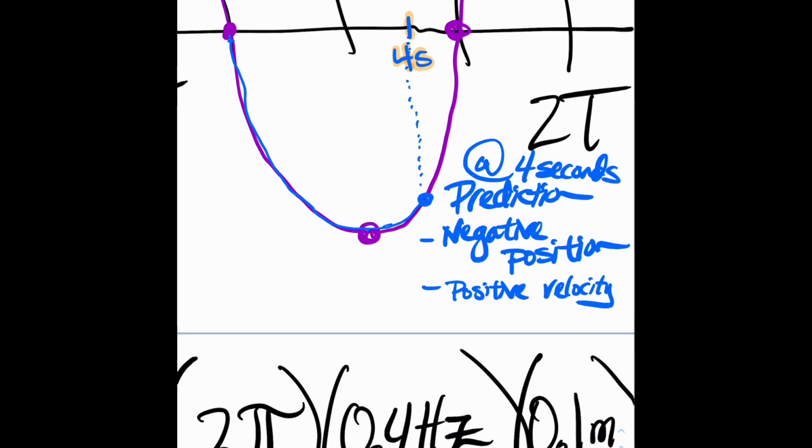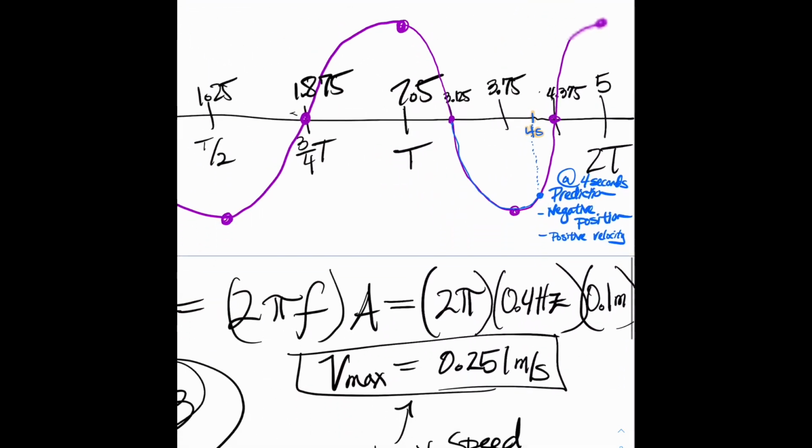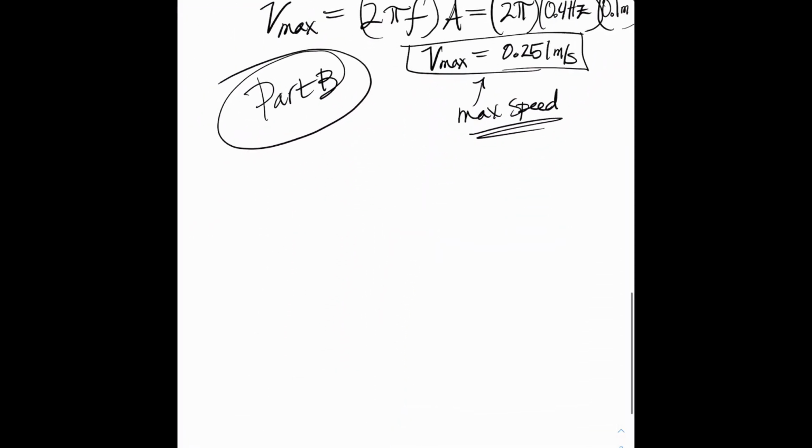Okay, so pretty good, but not quite good enough. We need to know exactly. So to know exactly, we'll break out our equations that I know we have in the textbook on page 447. It goes off the idea that we can write position, velocity, and acceleration equations as a function of time.